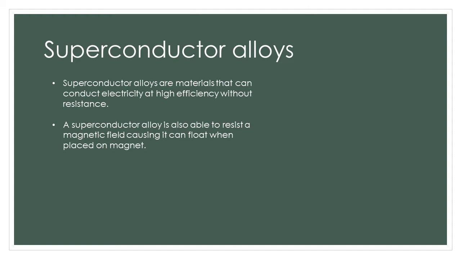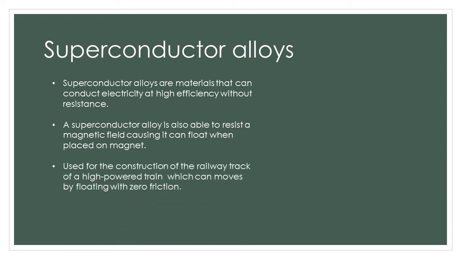So that is what is special about the superconductor alloy. First, it is highly efficient, conducting electricity without any resistance. And secondly, it will float when it is placed on the magnet.